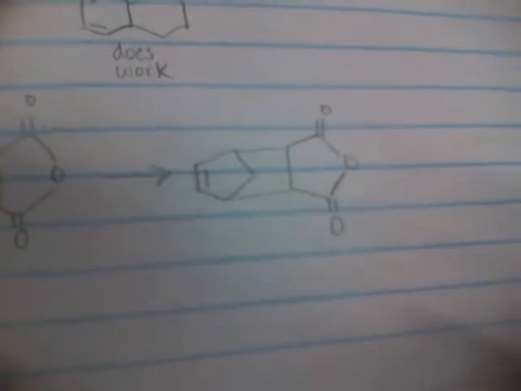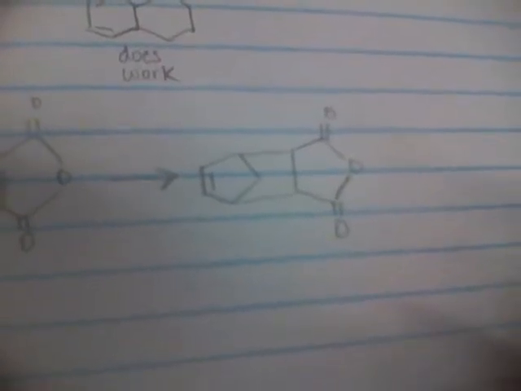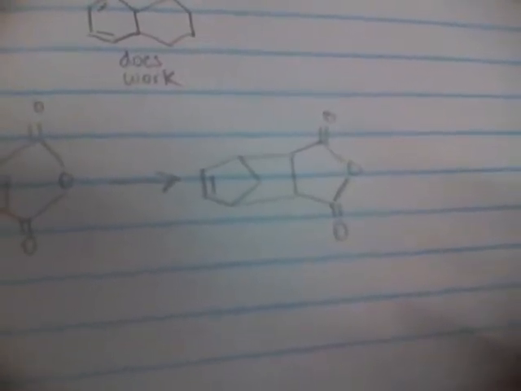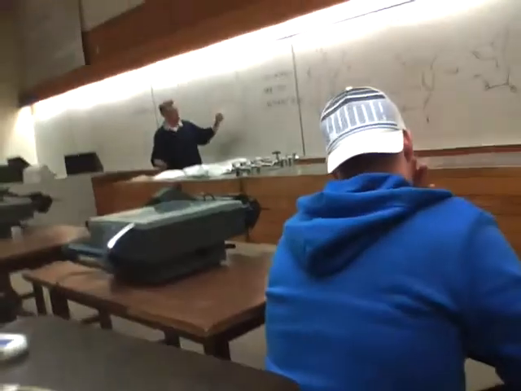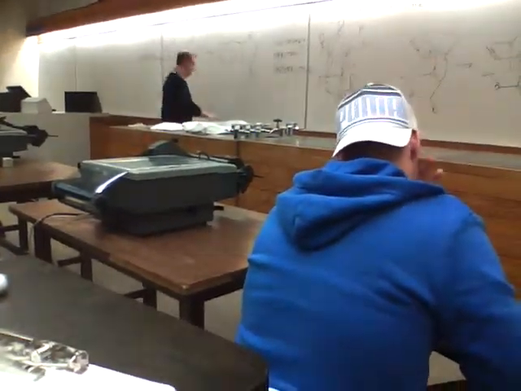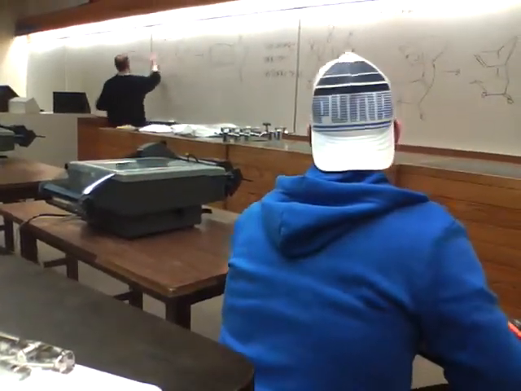And I told you that here and here, which comes from the dienophile, you can predict because the geometry of the dienophile is preserved. And I've also told you that the approach of the dienophile and the diene follows the endo approach. So you can work out stereochemistry there and there. But I haven't told you how to work out stereochemistry in the other places, so let me do that now.